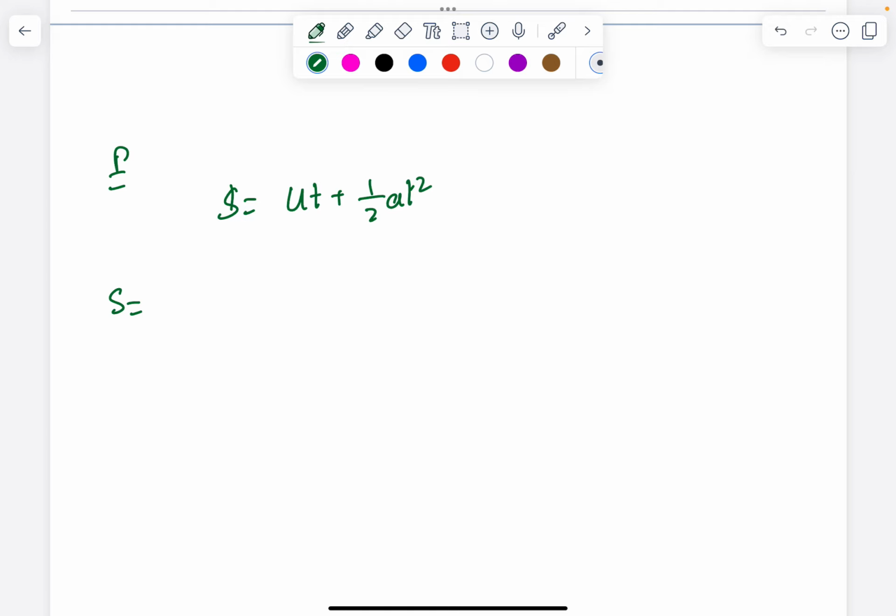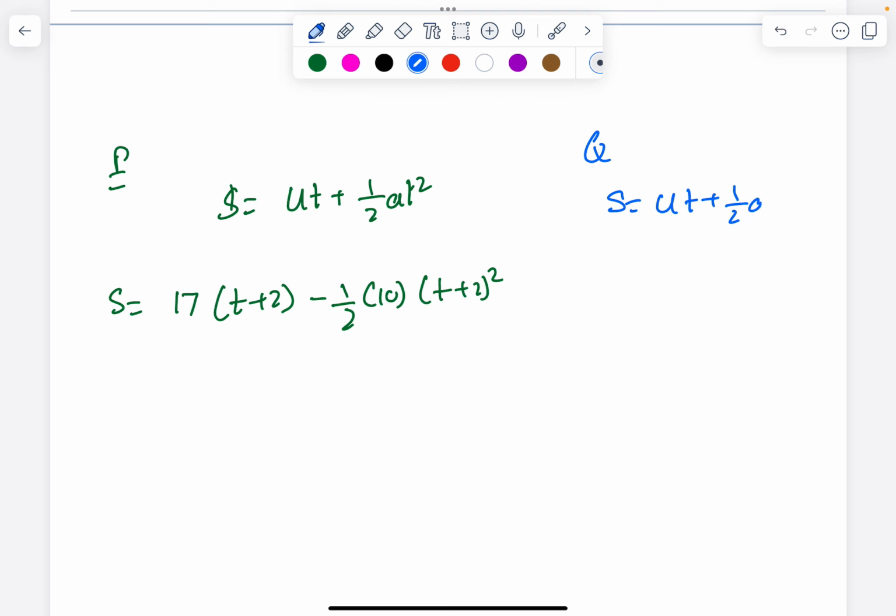So s equals 17 times t plus 2, because 2 seconds earlier it has been traveling, minus half, g is 10, and t plus 2 whole square. Whereas for Q, s equals again ut plus half at square, which is 7t minus half, g is 10, t square.